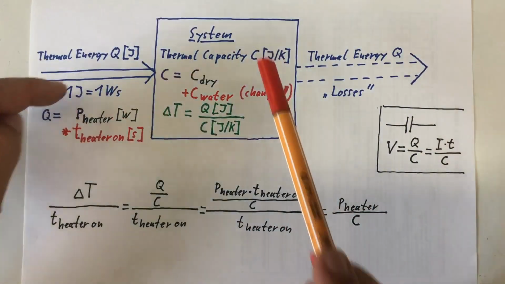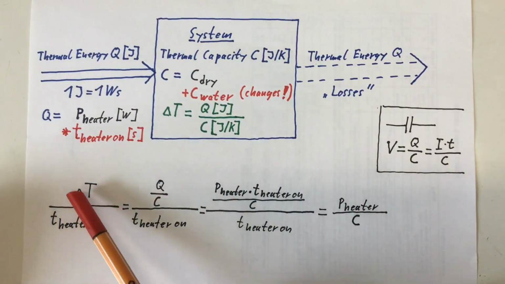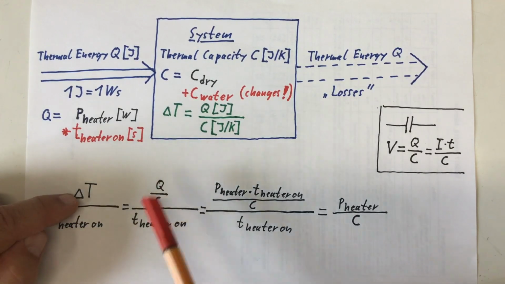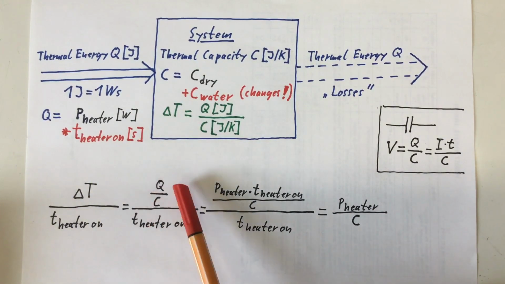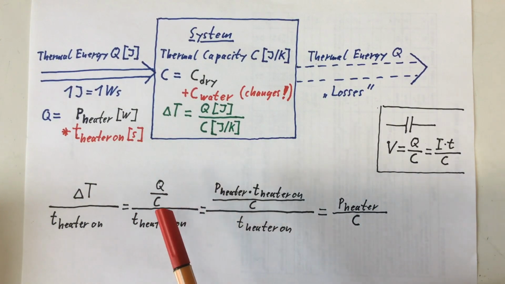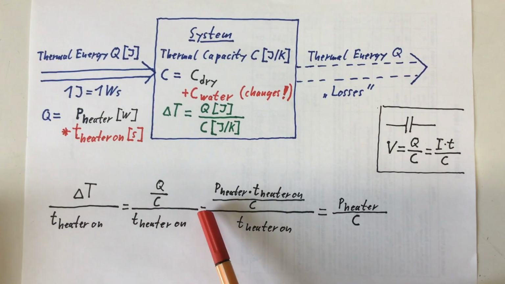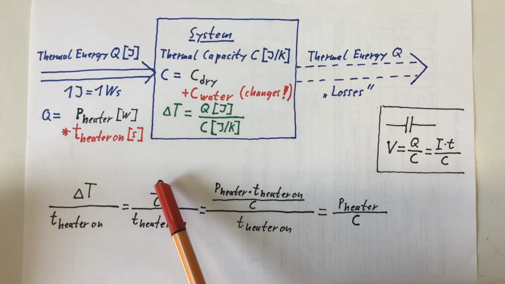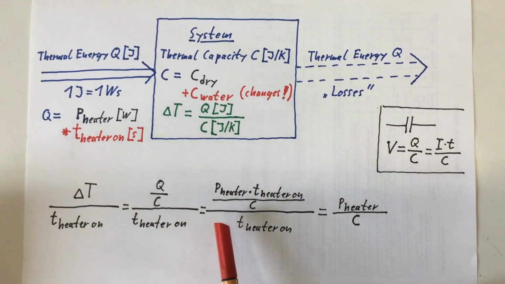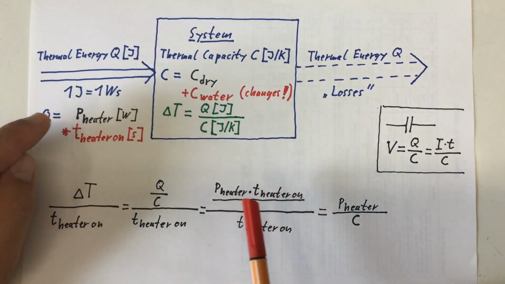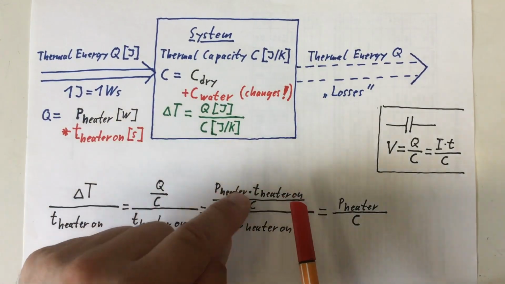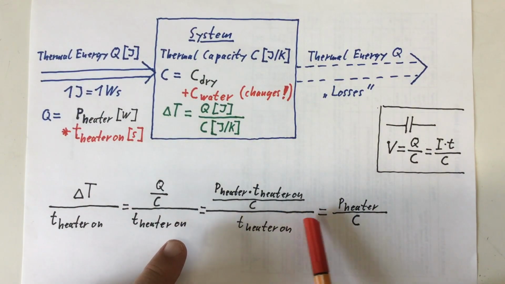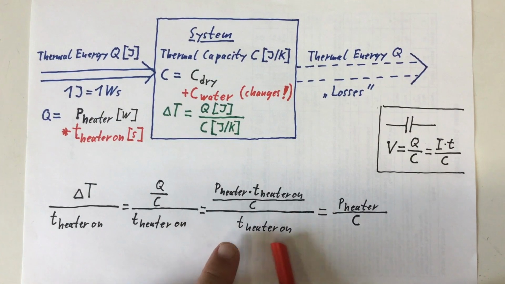And if we put all that math to it, we see that delta T over T heater on is equal to the energy we put into the system divided by the thermal capacity over the time the heater was on, and the energy we put in is equal to the power of our heater times the time the heater was on, over our thermal capacity divided by the time the heater was on.